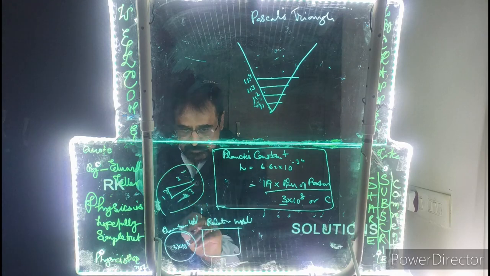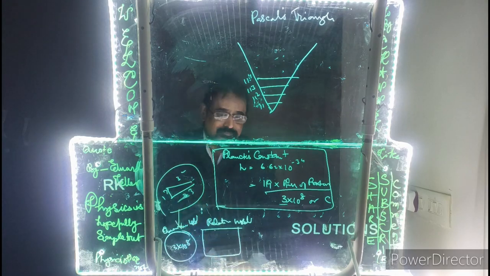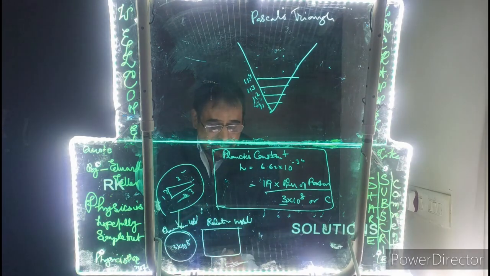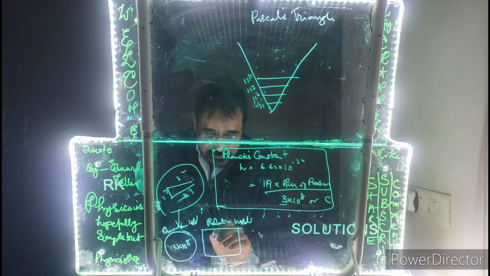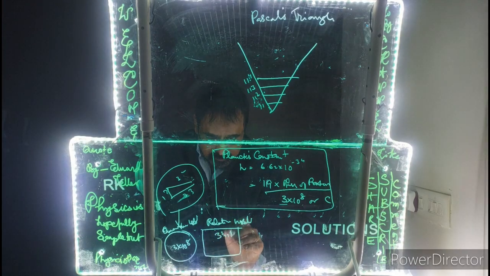Something like this. And this relative world represents 3 cube plus 4 cube plus 5 cube equal to 6 cube, the cubic one.